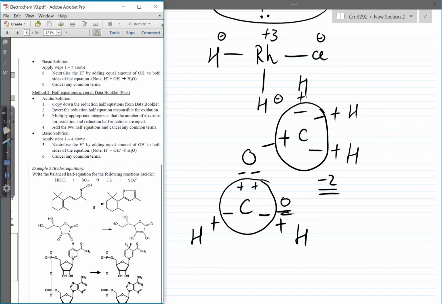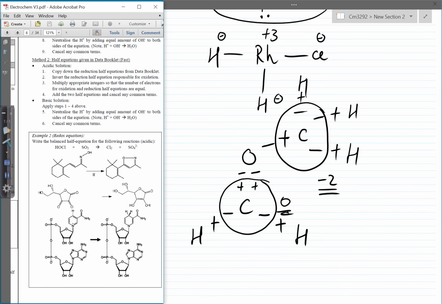So same thing, first step, copy down the reduction half equation, and then you invert the reduction half equation responsible for the oxidation, because you have 2 halves of the equation. Multiply by appropriate integers, and then you add the 2 half equations. For basic solutions, you just have to neutralize H plus by adding an equal amount of OH minus, and then you cancel common terms.